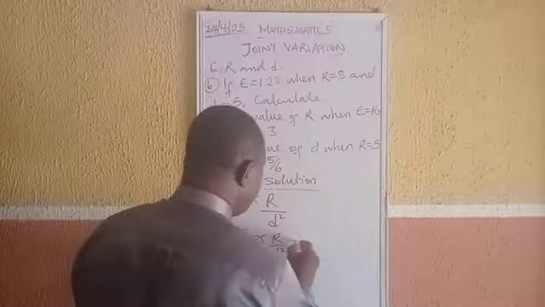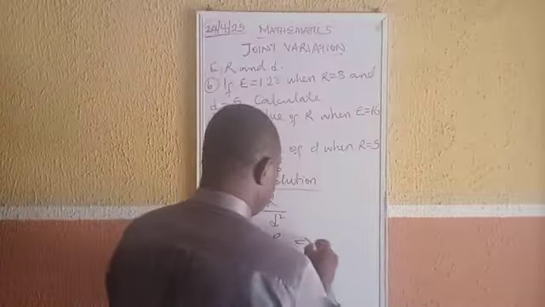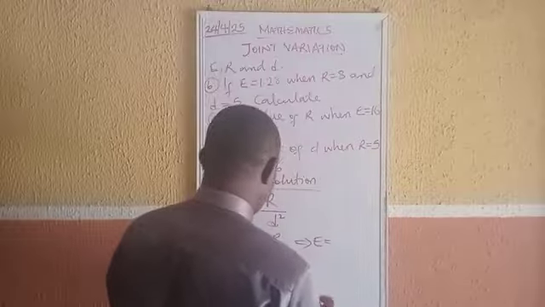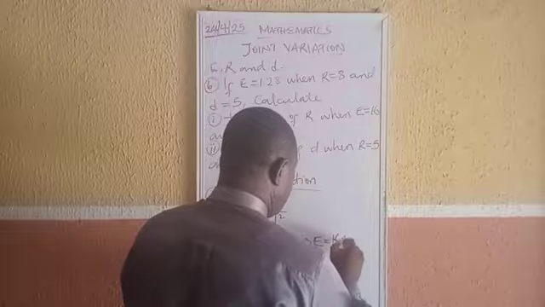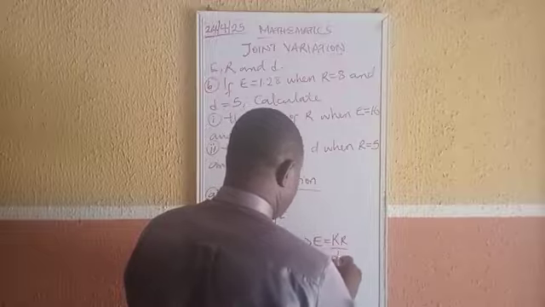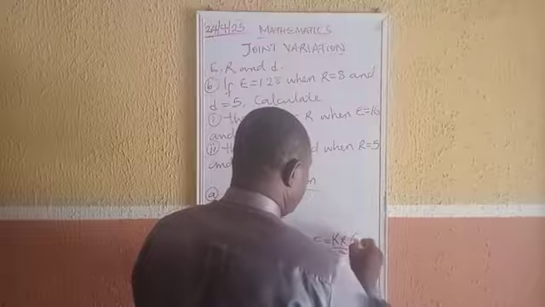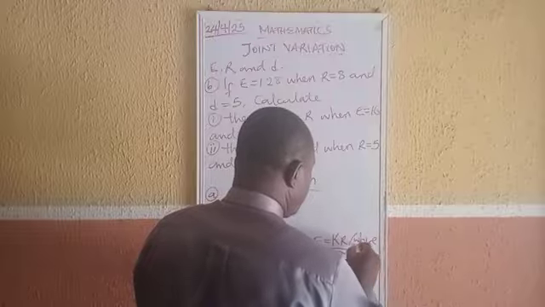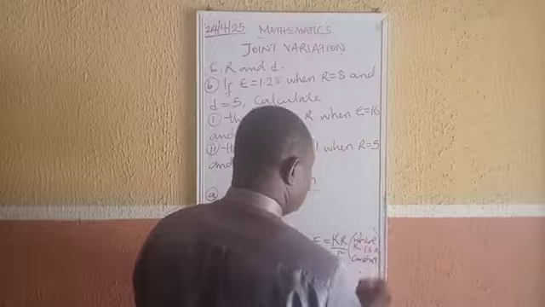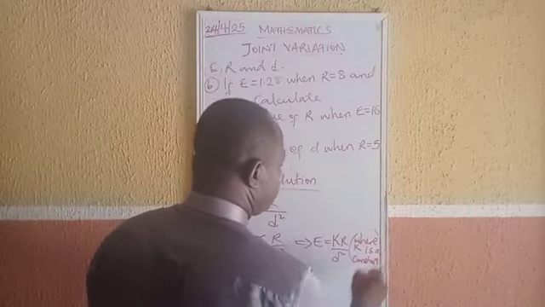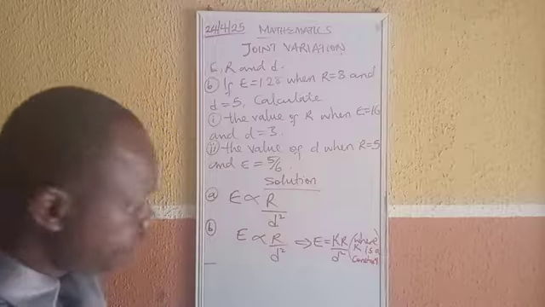So this implies that E equals K R over D squared, where K is a constant.